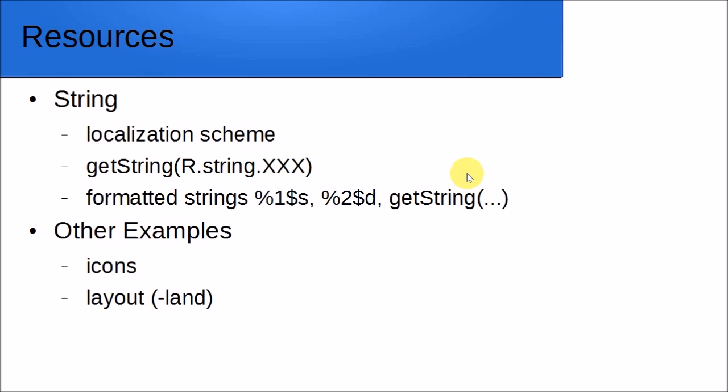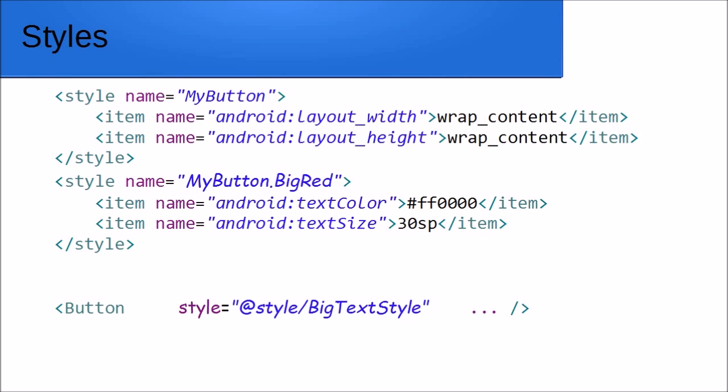So I'll use the string and icons and layout as an example to illustrate that concept, but it actually applies to all the Android resources, that you have multiple versions of the same thing and the OS will pick one on your behalf. Then I'll go over styles.